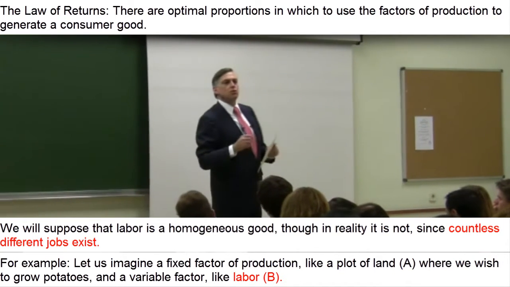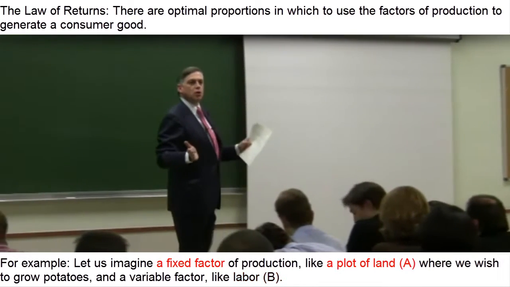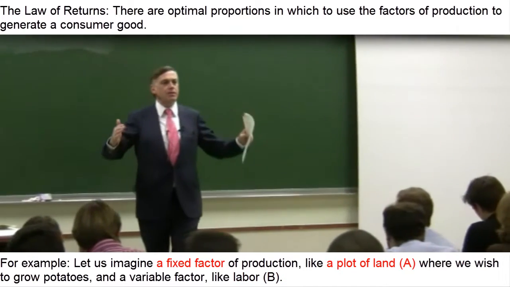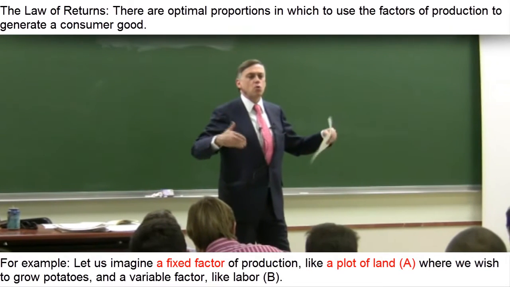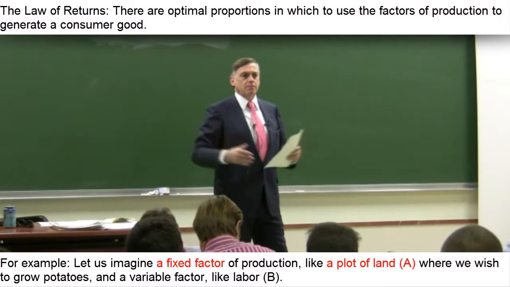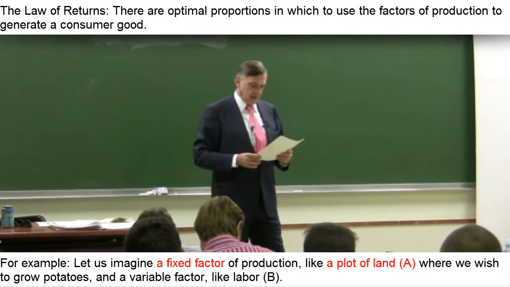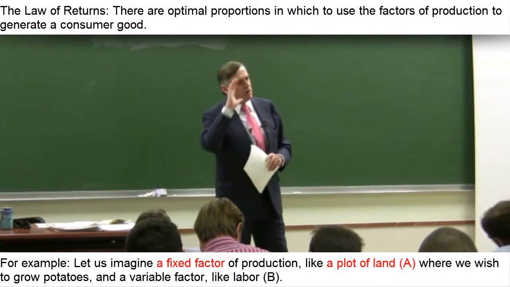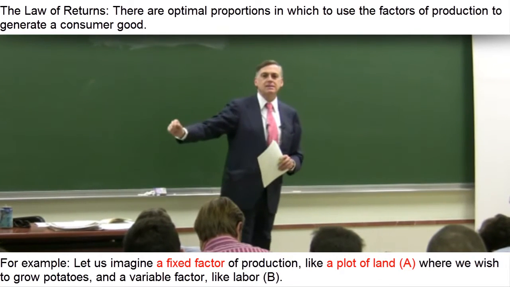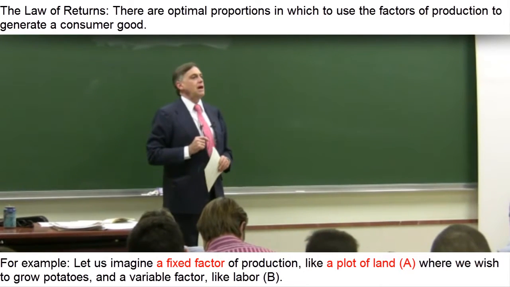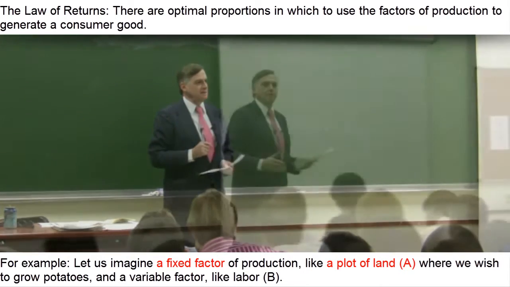And we will suppose that one of our factors is a fixed factor in the sense that its quantity, the quantity available to the acting entrepreneur, does not increase. It is given. So, let's say factor A is the fixed factor, and so we can visualize it, let's say the fixed factor is a plot of land that is going to be farmed. It could be the size of this classroom, for instance.